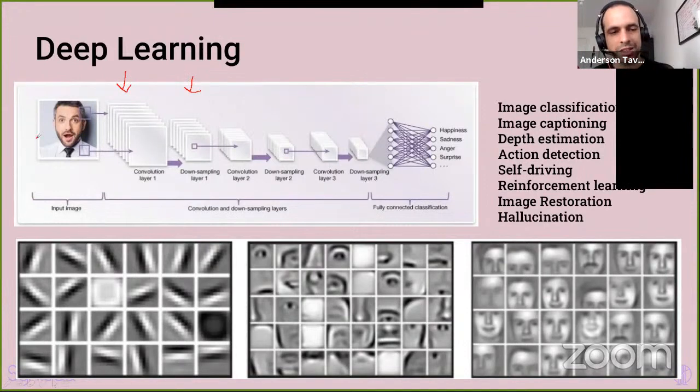So we can extract features in the first layer, and then the features of features. In a deep representation, we can try to estimate the high-level representation of that image in order to better classify it.